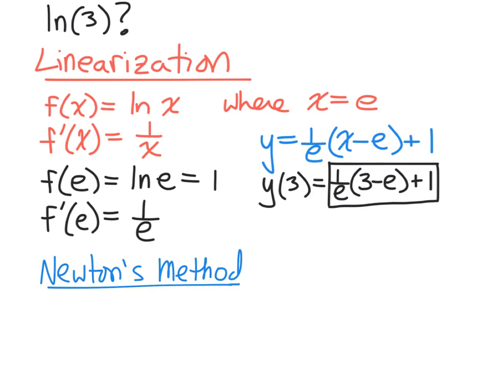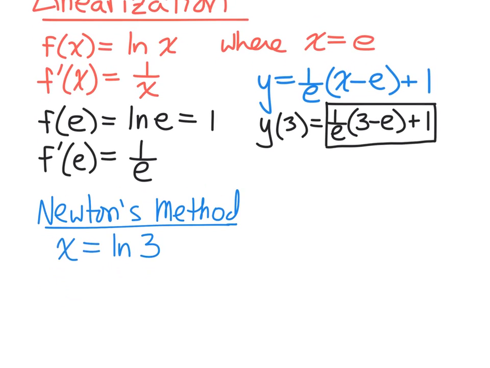We use the program to shorten up the process. But the idea is that through Newton's method, we should find the zeros of the function, and those zeros should be whatever it is that we're looking for. So to make a long story short, there should be some value x that's equal to the natural log of 3. That's our starting point.